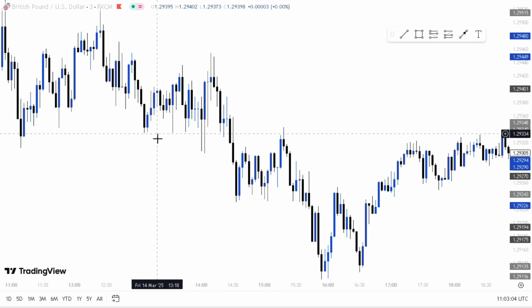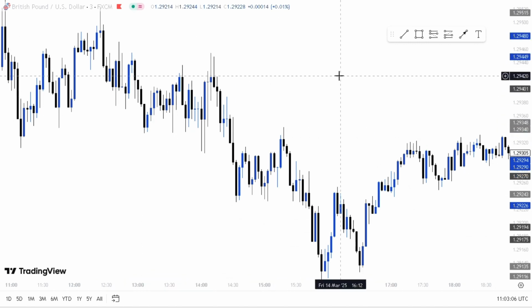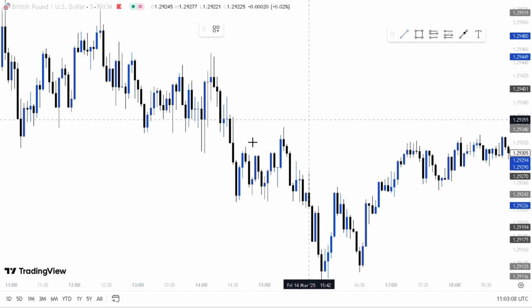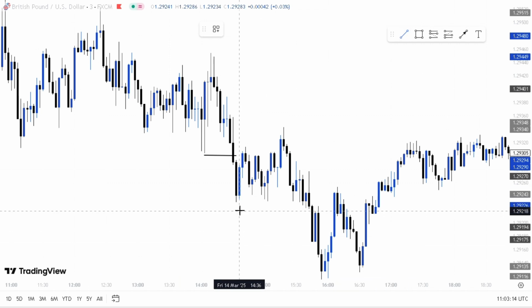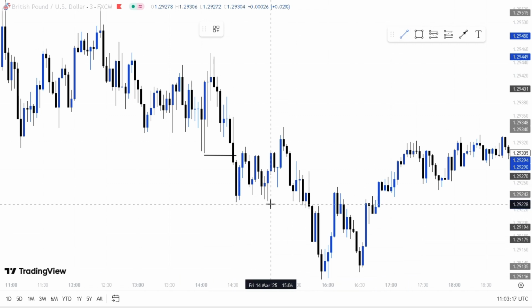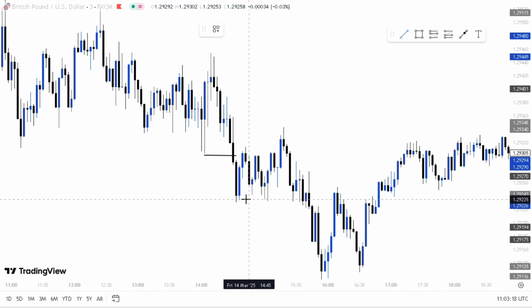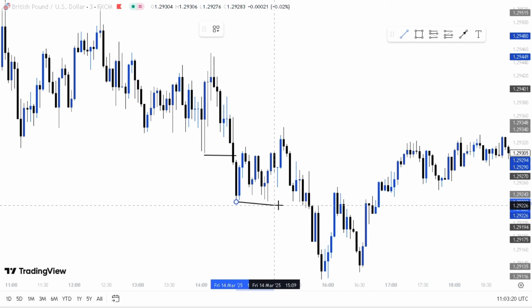Right here, lows are being created and broken again and again. Simple stuff really, but it is what you love to see right here.